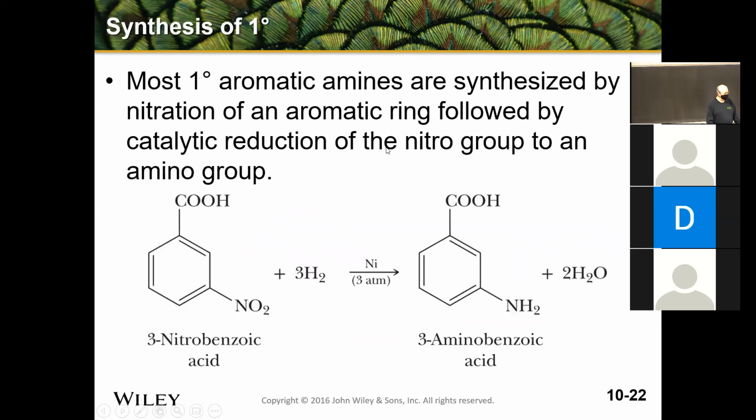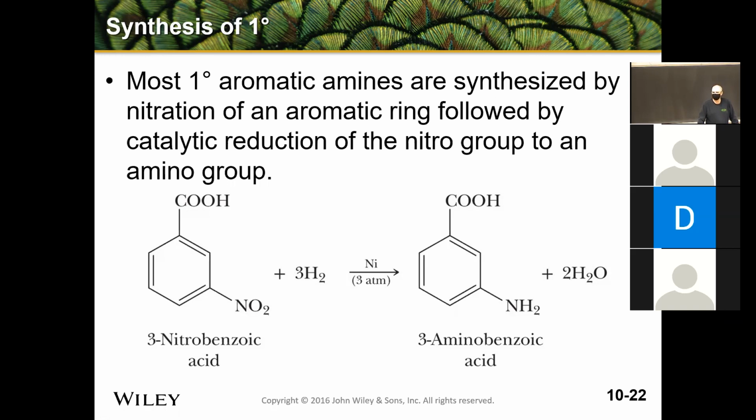Okay, so this section deals with synthesis of primary amines. Most primary aromatic amines are synthesized first by nitration of an aromatic ring, followed by reduction of the nitro group. You might recall from the previous chapter we looked at all those different reactions for introducing groups onto a ring.